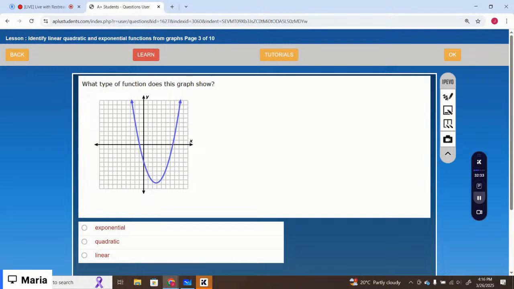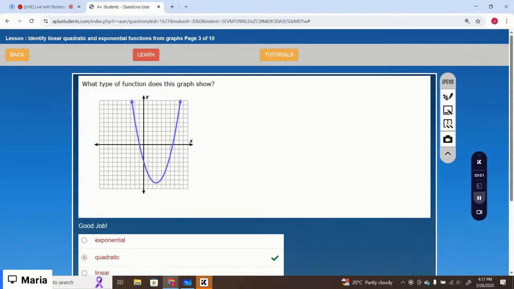What type of function does the graph show? That is the graph of the quadratic function. Option number 2 is the correct option.